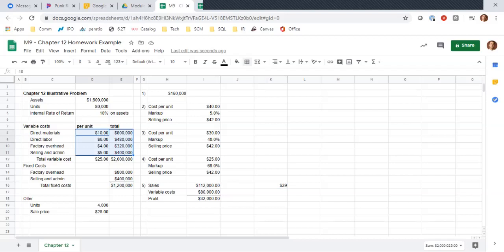So now this $32,000 can go to support these costs, or it could be just extra. But one common pitfall is to look at total cost and look at the sales price. And in that case, we wouldn't want to manufacture this. But as I said, that's not the correct way to look at it. You want to only look at your variable costs.